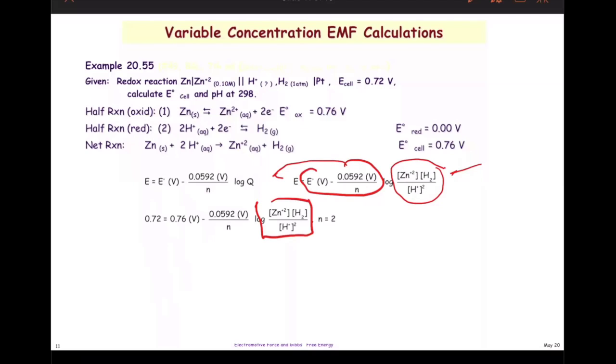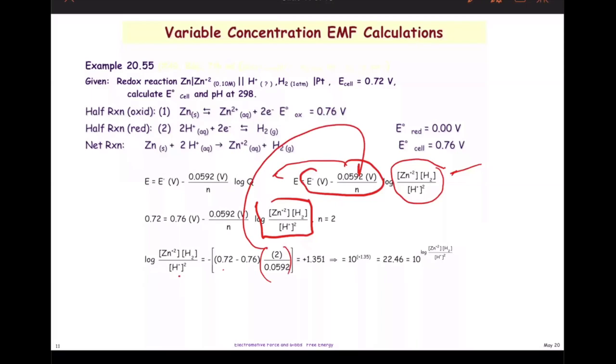When I do that, this is what happens. Log zinc over times hydrogen over H plus is equal to 0.72 minus 0.76, 2 over 0.0592. That was this term right here.